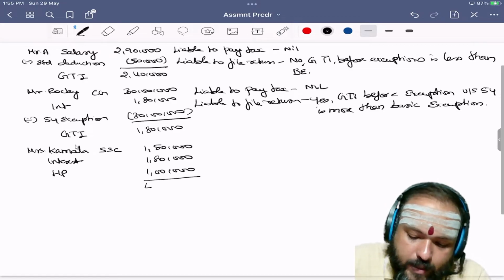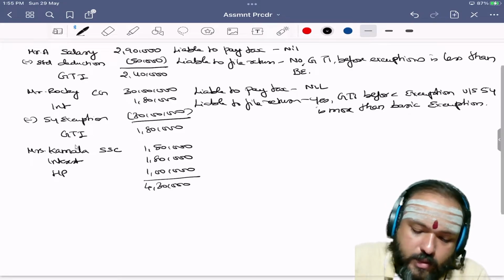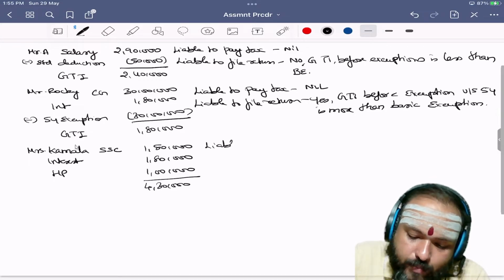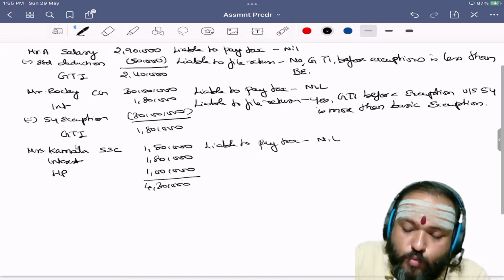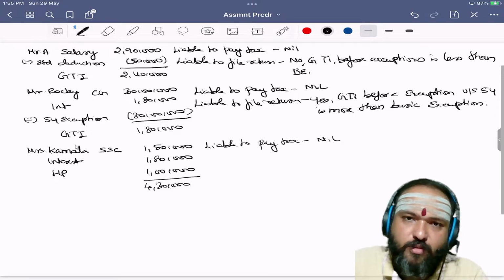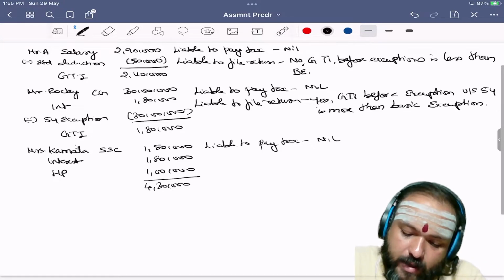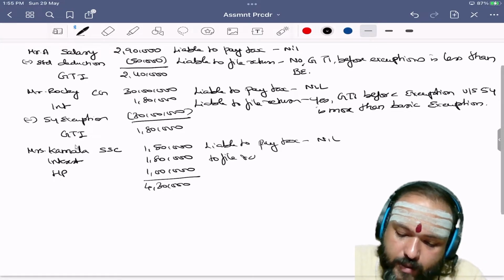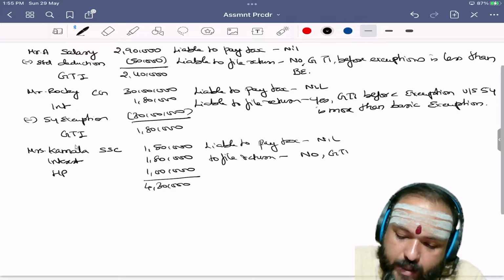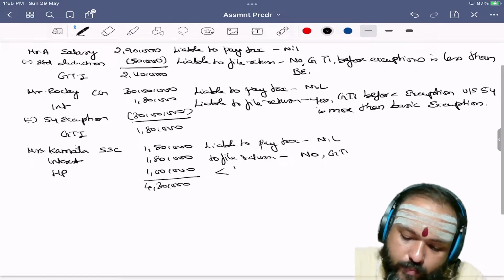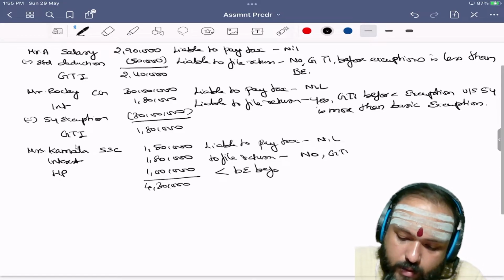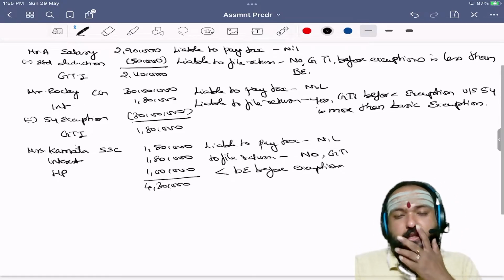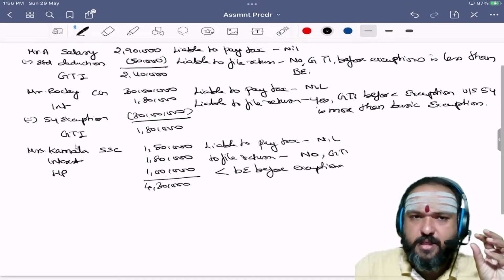So the total income is 4,30,000. So liability to pay tax: liable to pay tax is nil. Why? Because a super senior citizen up to 5 lakhs does not have to pay any tax. Likewise, liable to file return again is no, because GTI is less than basic exemption before exemptions. So this is what we have to understand with these problems.